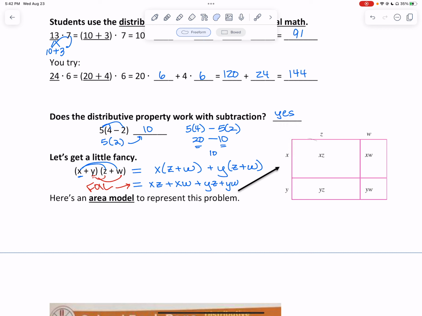And then on the top, I'm going to put a z and a w, so that would be z plus w. And then I just fill in these. X times z gives me my xz. X times w gives me my xw. Y times z gives me my yz. Y times w gives me my yw, and that's exactly what we got here.